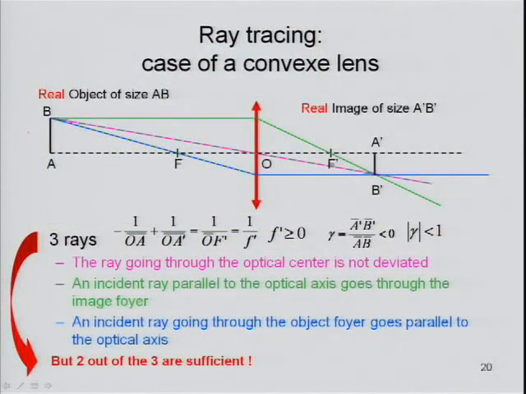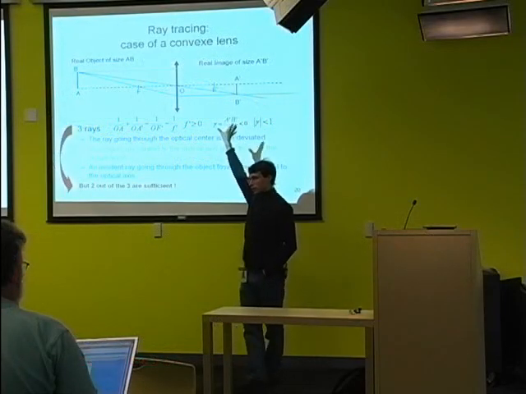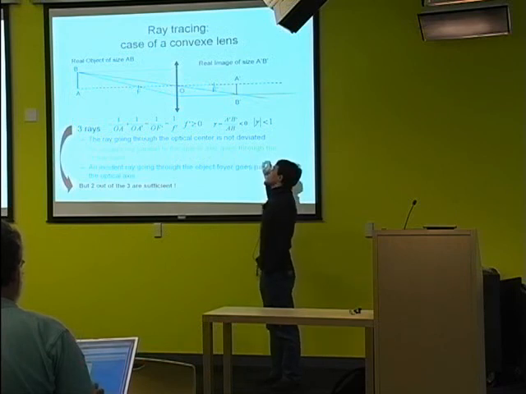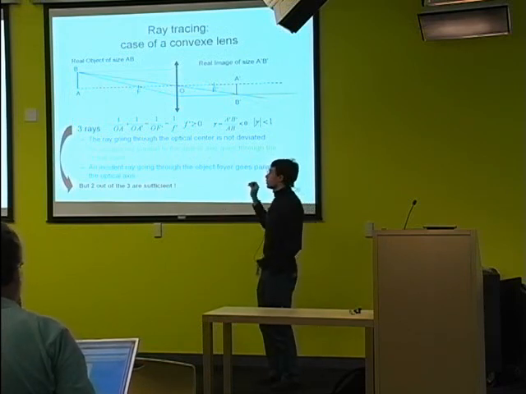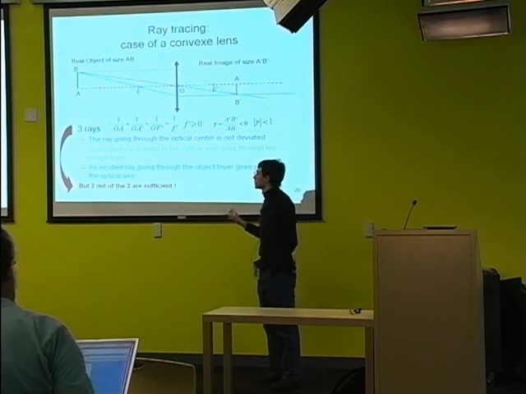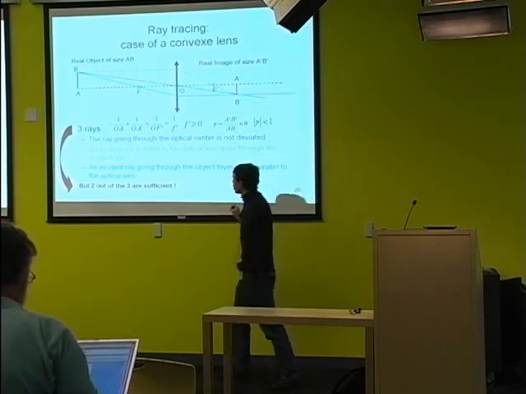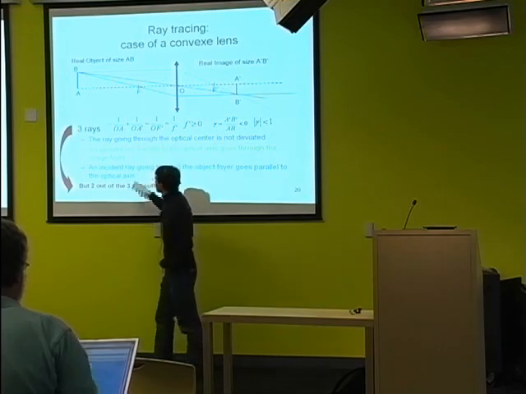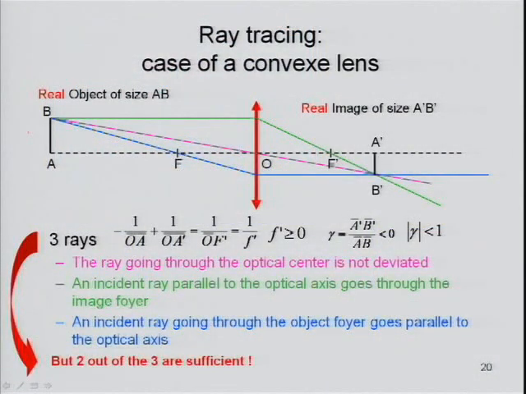I don't want to confuse you, but this is not always true. This is just the explanation of this particular case. In order to know the position of the image and the magnification of the system, the only thing you need to know, in the case of a lens, is the formula of the lens, determined by whether it's a convex or concave lens, and then the expression of gamma, which is the ratio of the image over the object.